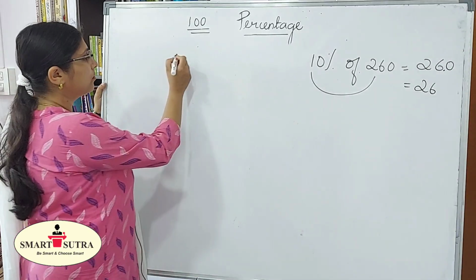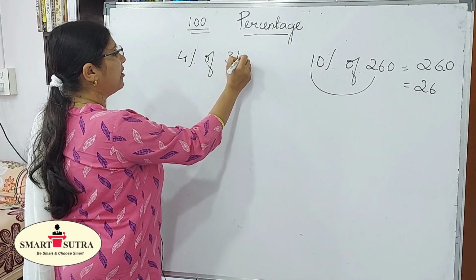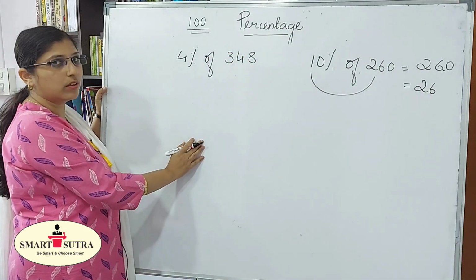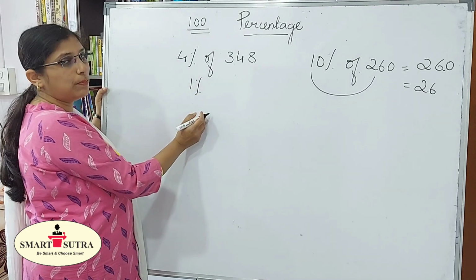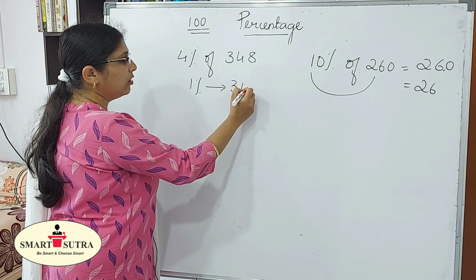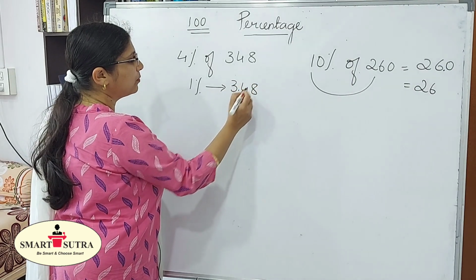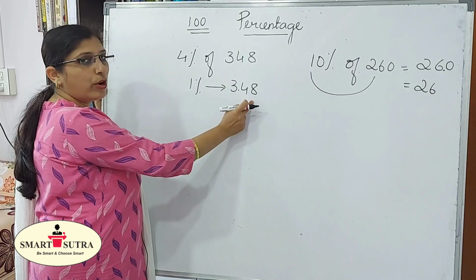Okay, 4% of 348. In this, first we find out 1%. 1% of 348 is how much? 3.48. 10% will be 34.8, and 1% will be 3.48.